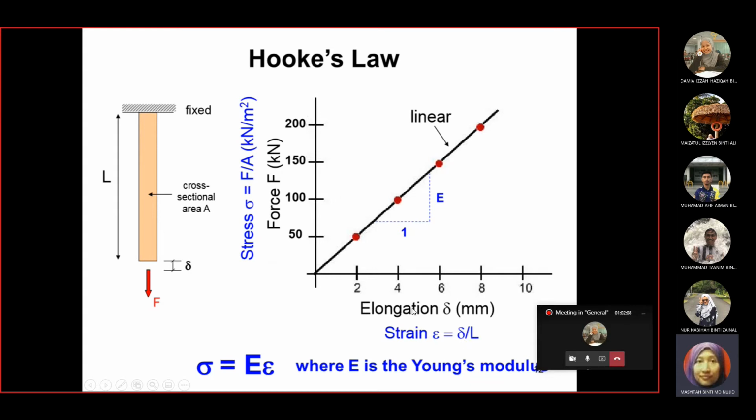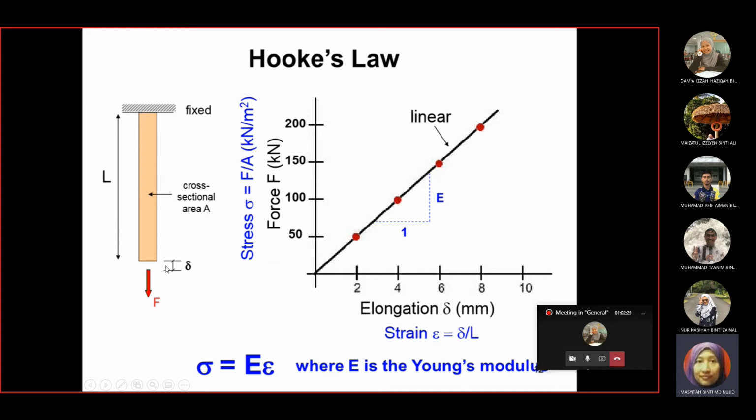So mana kita nak dapat dia punya strain at the x-axis and then y-axis ni represent your force. Force ni nanti kalau kita divide by cross-sectional area, kita akan dapat nilai stress. So ini adalah force yang kita kenakan pada satu member of the structure here.